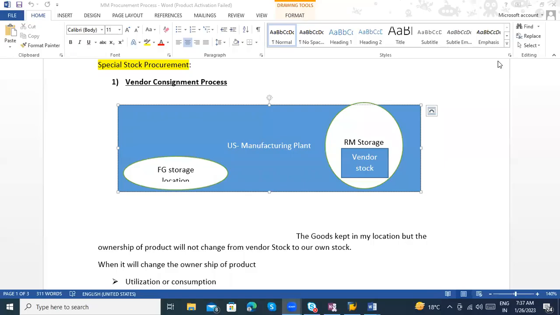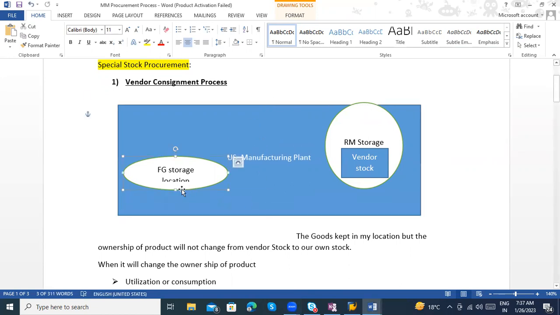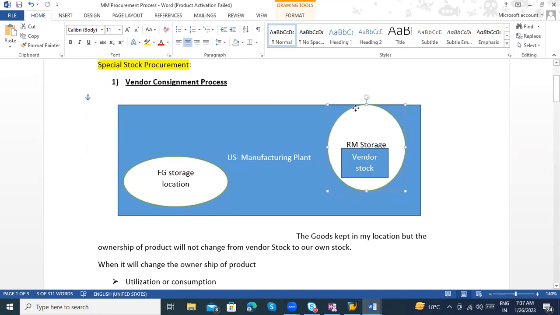Okay. So this is the vendor consignment process. You can see the diagram here, which represents that. Let's assume there is a plant. In this plant, I have two storage locations. Assume one is for raw material and one is for finished goods.